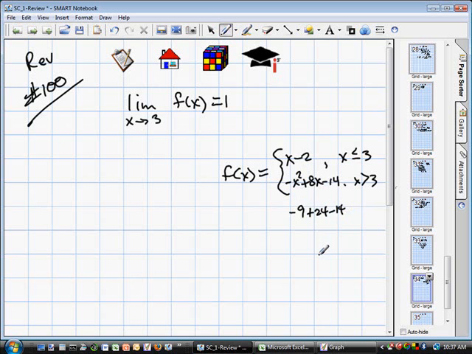And what is that? 10 minus 9 or 1? Looks to me like the left and the right hand limits agree, and they both come out to what this thing says, so this definitely appears to be true. So you want to check out your left and your right hand limits. Now if it was false, I would circle where I showed that the two limits didn't come out the same.